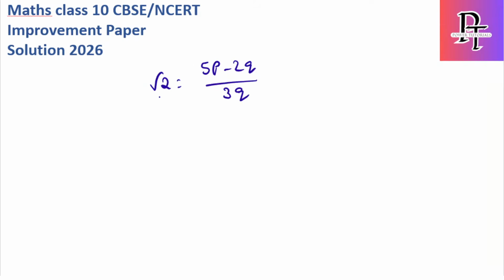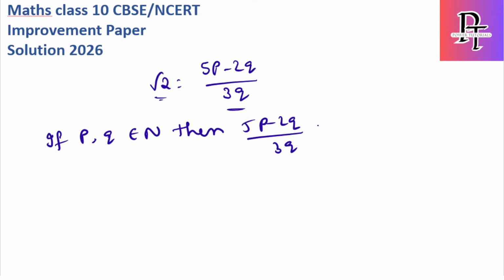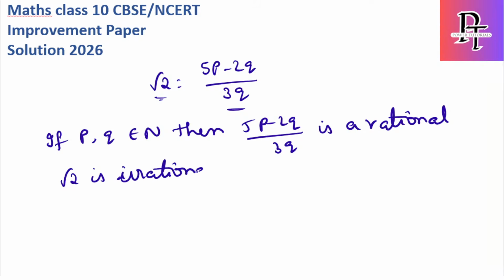Okay, so we know that root 2 is an irrational number. What about here, (5p minus 2q) by 3q? If p, q belong to natural numbers, then (5p minus 2q) by 3q is a rational value, whereas root 2 is irrational.